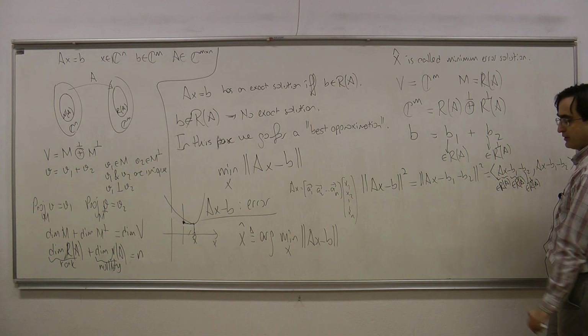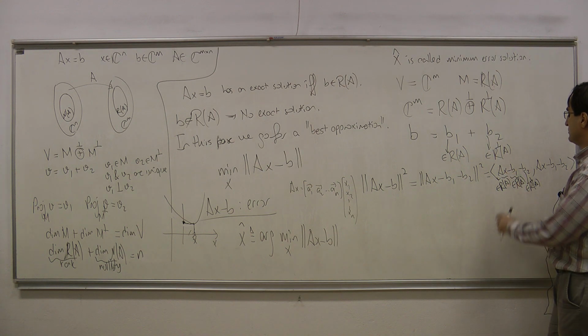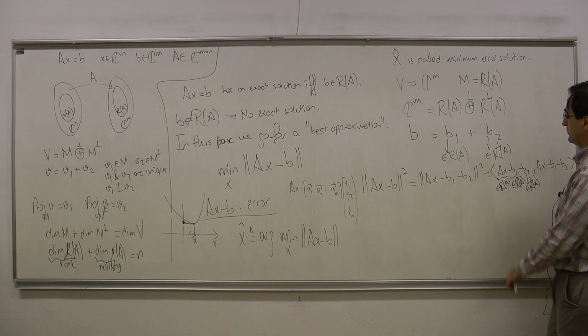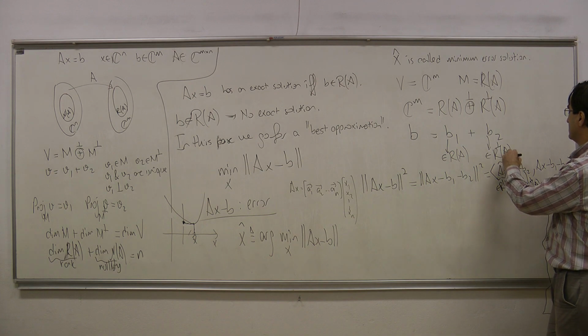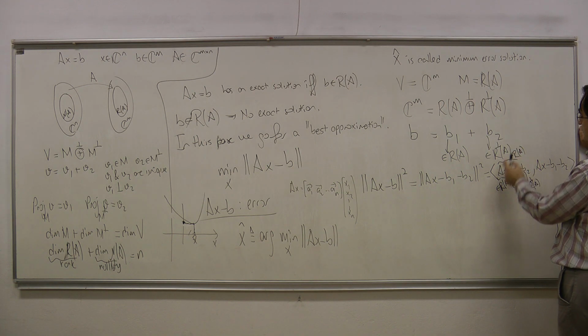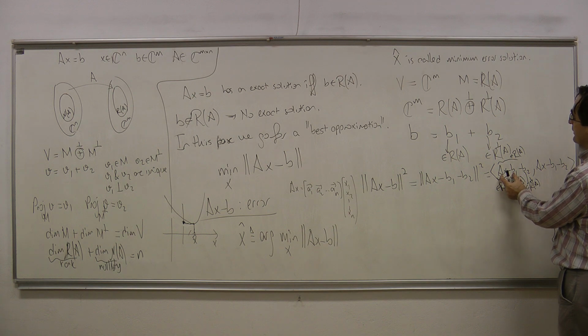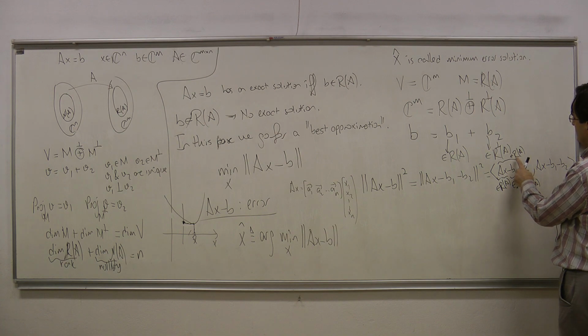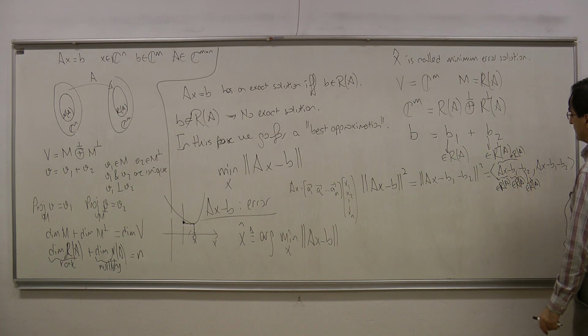That means that AX minus B1 should be an element of range space of A. So the first vector here, AX minus B1, is inside range space of A. And the third vector, B2, is in range space of A orthogonal complement.